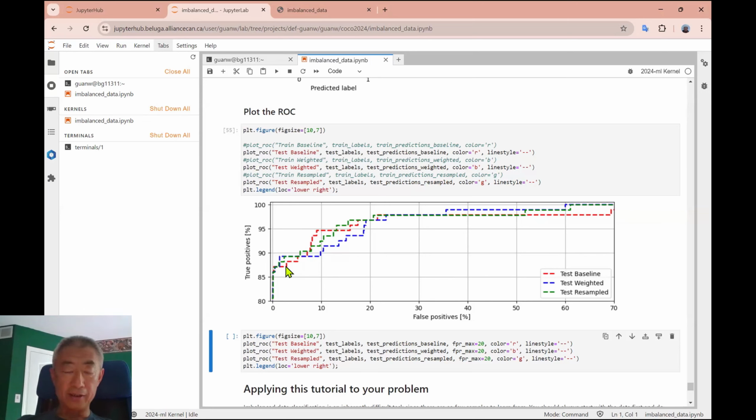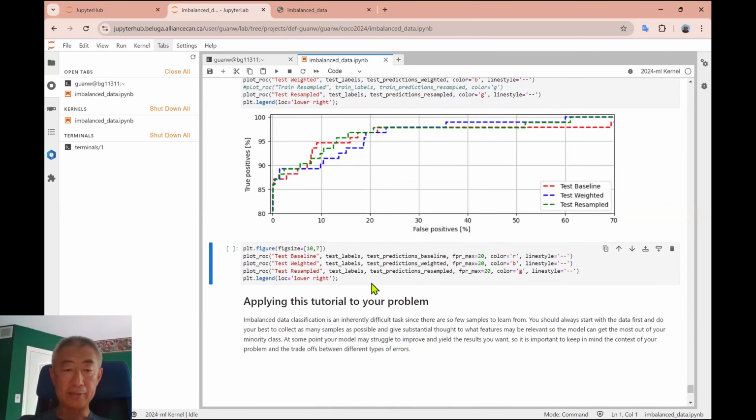But from this plot, you can see the green one on average is pretty good overall, but not significantly. So that's my conclusion based on the experiment. But I would say the evaluation numbers we got from this specific data set may not be that certain.